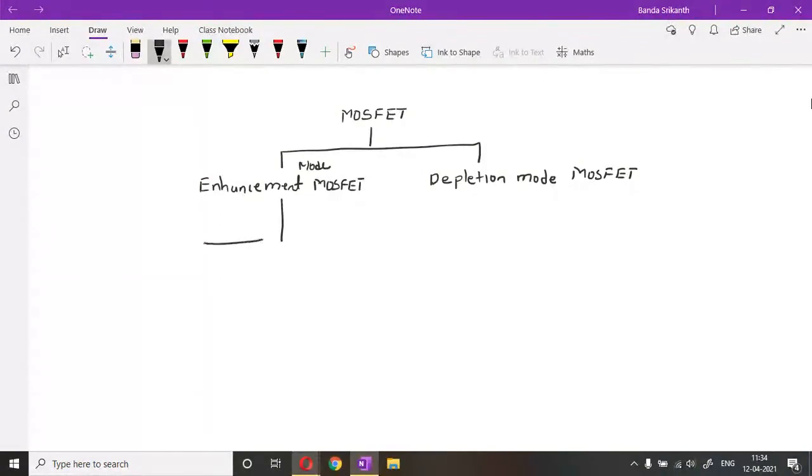Again, the enhancement mode MOSFET is classified into two categories. One is N type, another is P type.